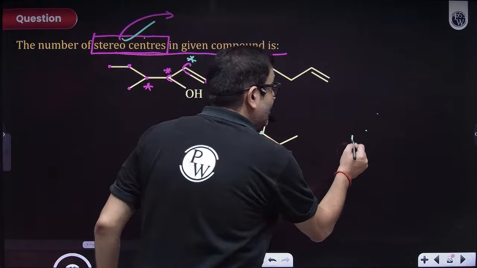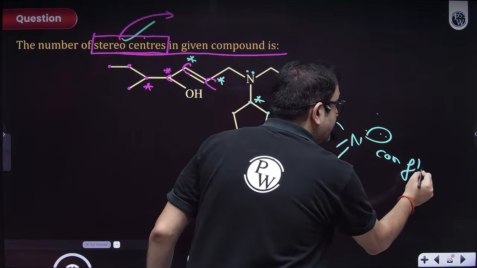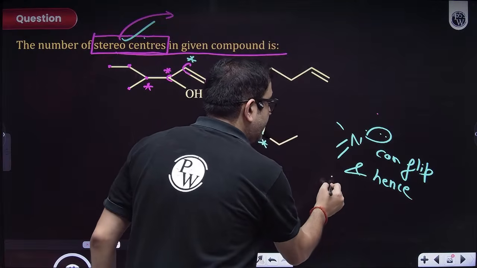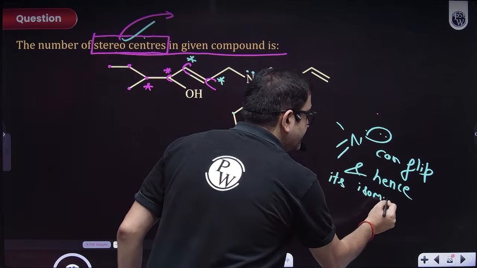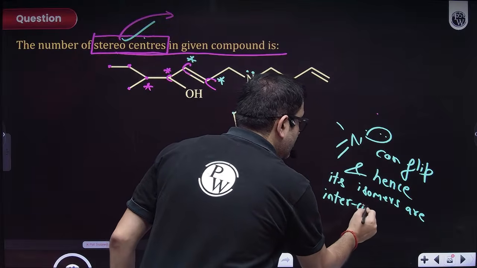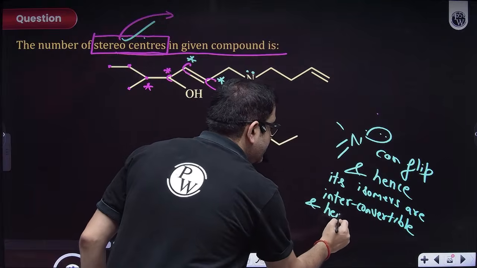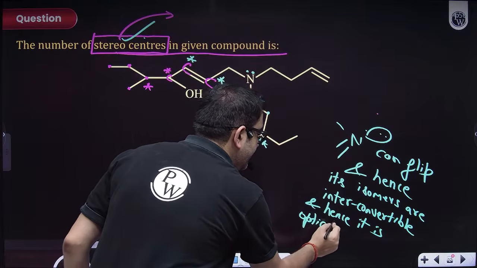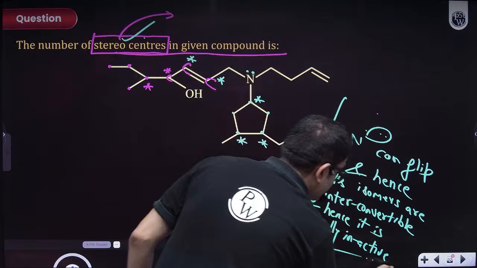Because the nitrogen lone pair can flip, and hence its isomers are interconvertible, and hence it is optically inactive. This we have seen also.